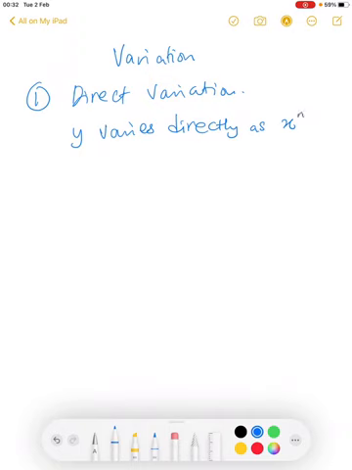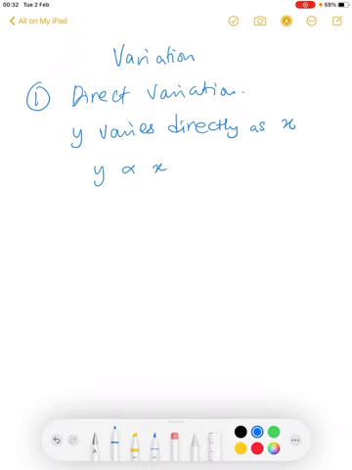Let's say n is equal to 1, so y varies directly as x. The symbol is denoted by this symbol, proportion.